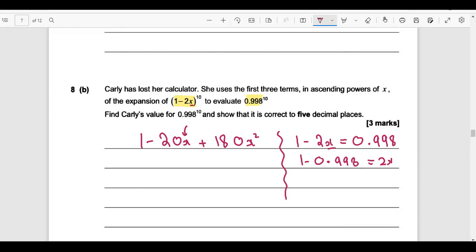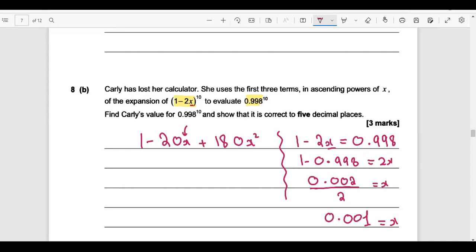You can do it directly as well. It's obvious. It would be 0.002 divided by 2 equals x, and the final answer is going to be 0.001. This is the value of x.